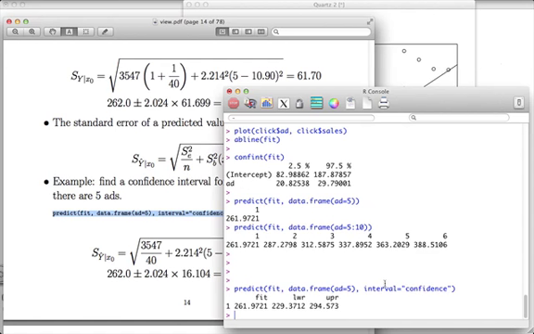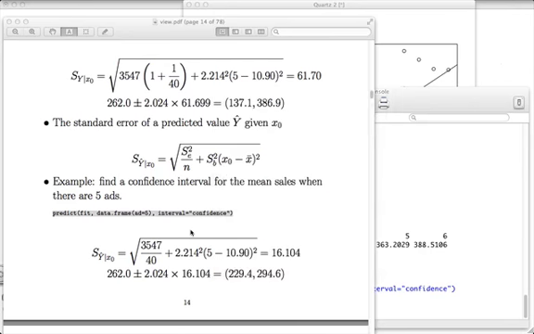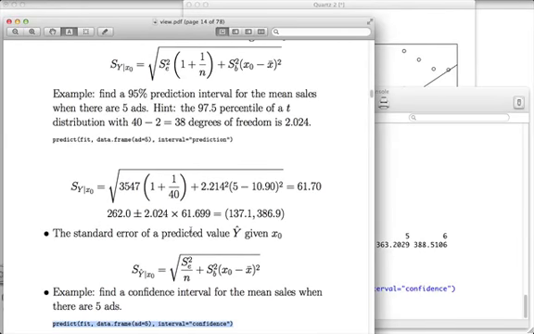I've just added an extra argument to the predict function, and here we see the fitted value is still 262, but the value could be as low as 229 or as high as 294, 295. That gives me a little window for what I think the mean is. So that's what a confidence interval for the mean sales involves.